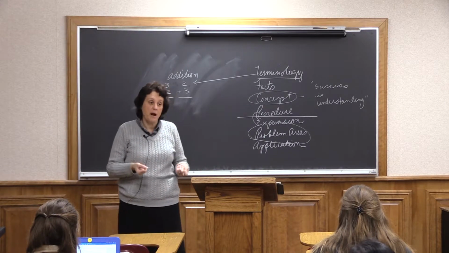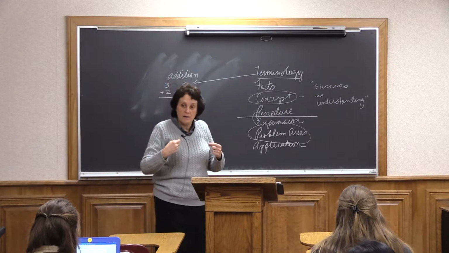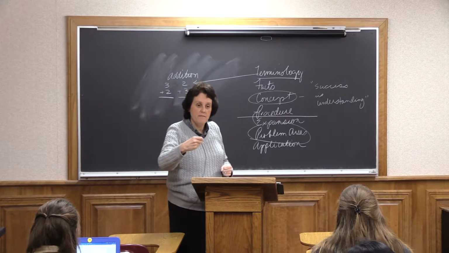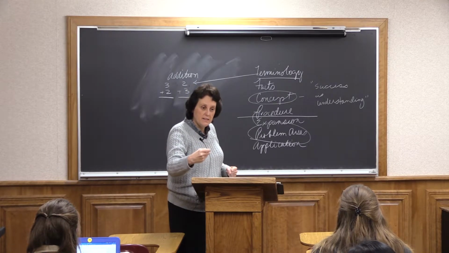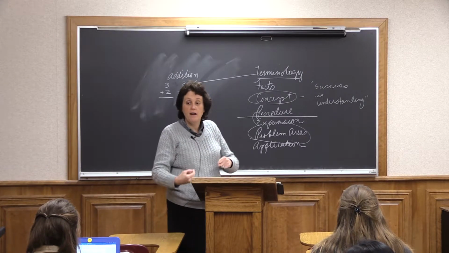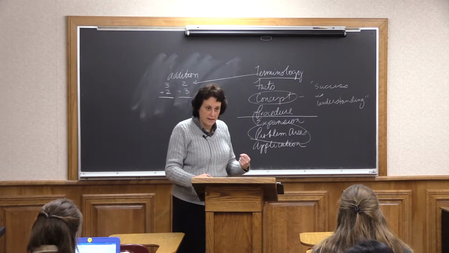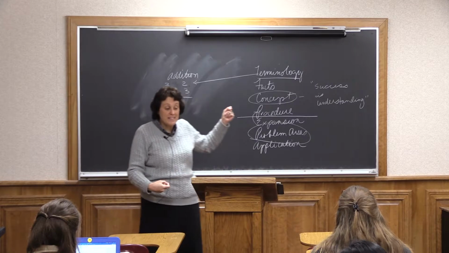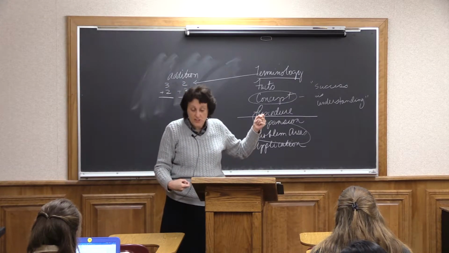That's the commutative property of addition. I'm going into a lot of detail here because I want you to get the mindset not only of laying a solid foundation, but of paving the way. Okay? So I'm paving the way for my students to be successful in addition.